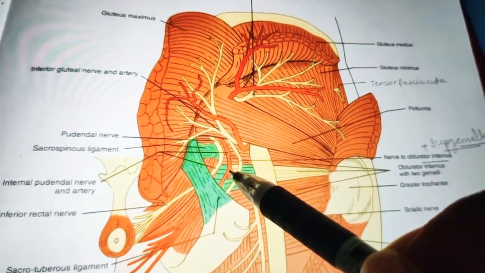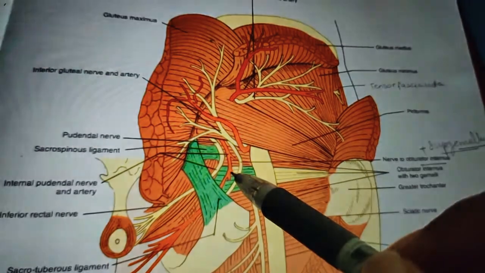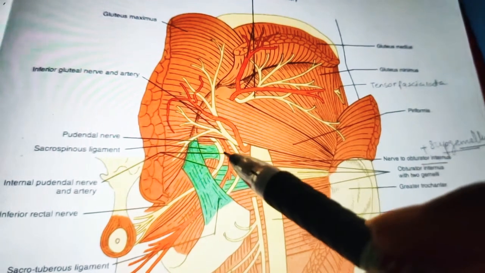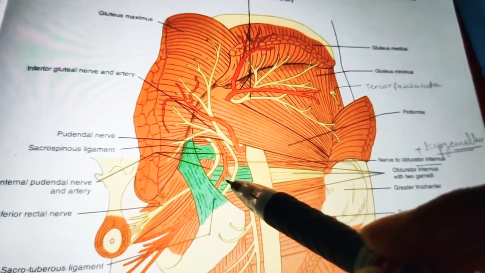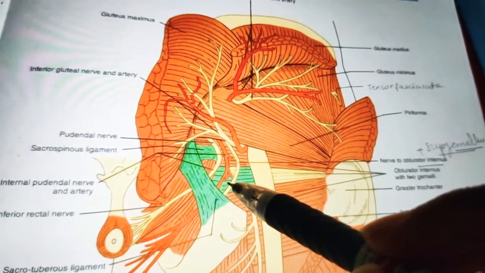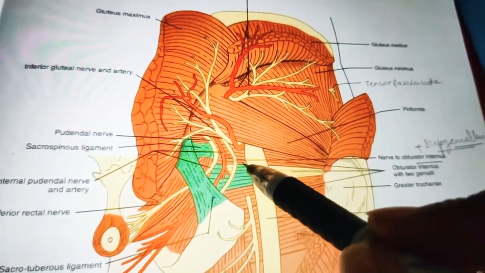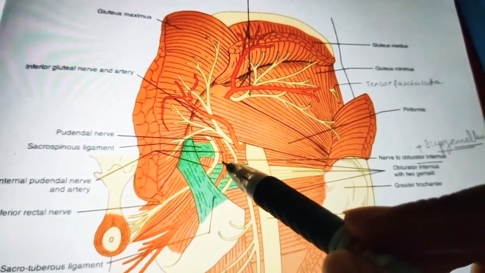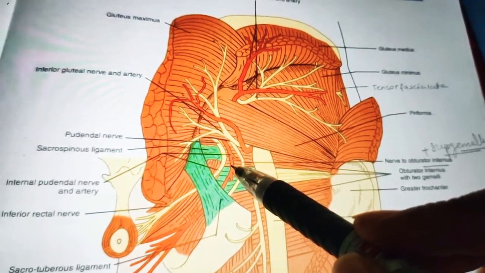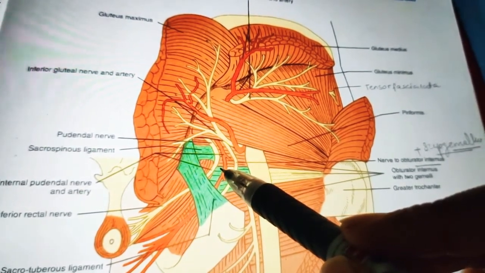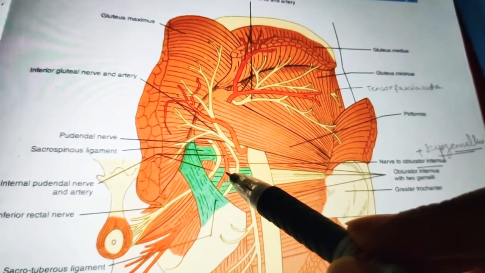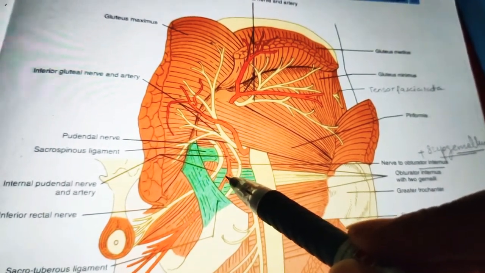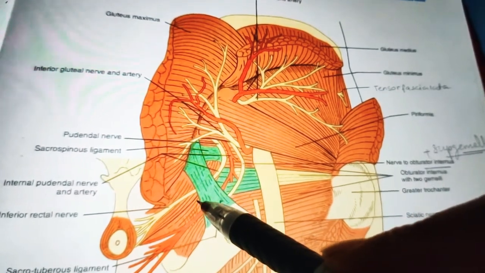Medial to the nerve, it travels along the nerve to the obturator internus. If you see, this is the nerve to obturator internus. Just medial to it, you will find the internal pudendal artery. It leaves the gluteal region by passing into the lesser sciatic foramen, through which it reaches the ischiorectal fossa.